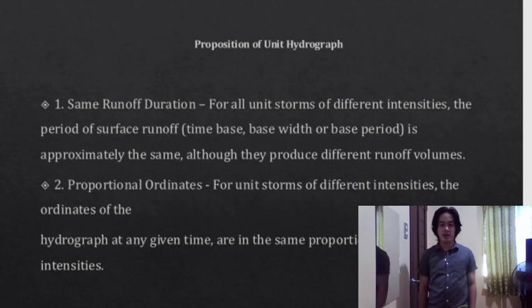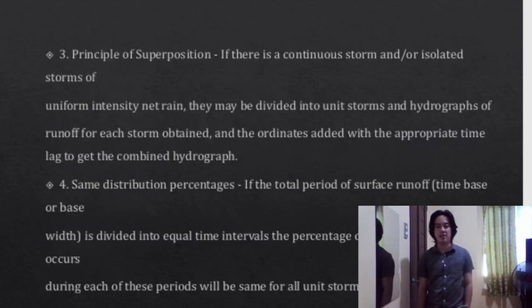The second is the proportionality of coordinates. For unit storms of different intensities, the coordinate of the unit hydrograph at any given time is proportional to the rainfall intensity.